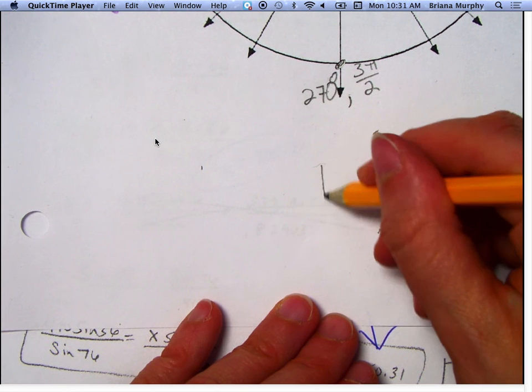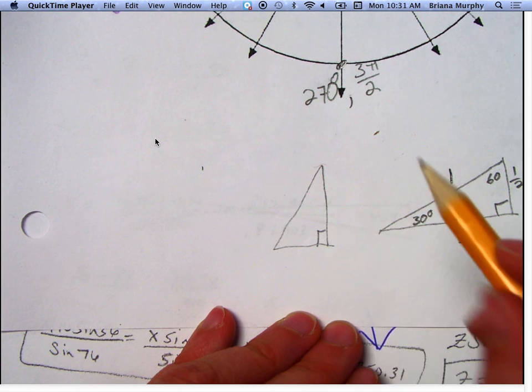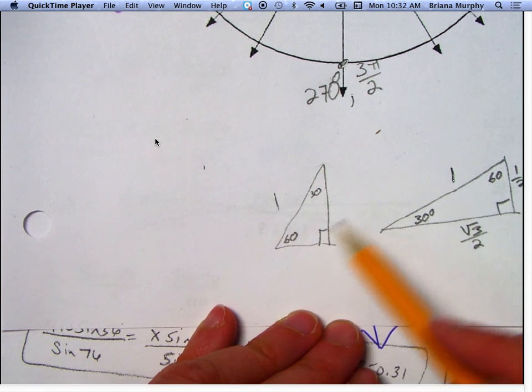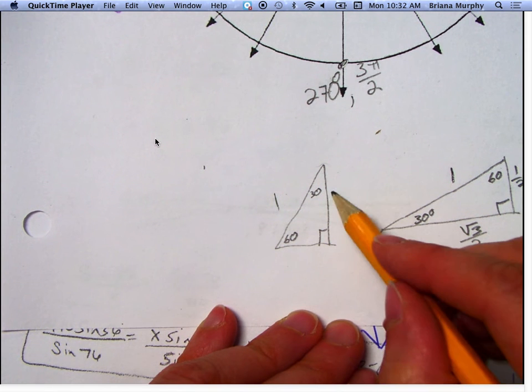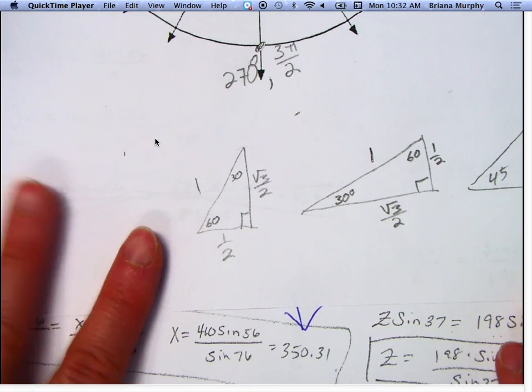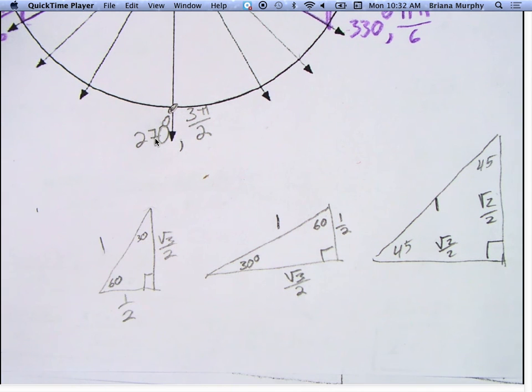Just remember, when I change the direction of my triangle and put 30 degrees at the top instead of the bottom, across from 60 is still square root 3 over 2, and across from 30 is still 1/2. I'm going to leave these on the board. I'm going to come around and check as you try to find your radians and your degrees for your 45 all the way around, your 60 all the way around, and then find your sine and cosine for your x and y coordinates.